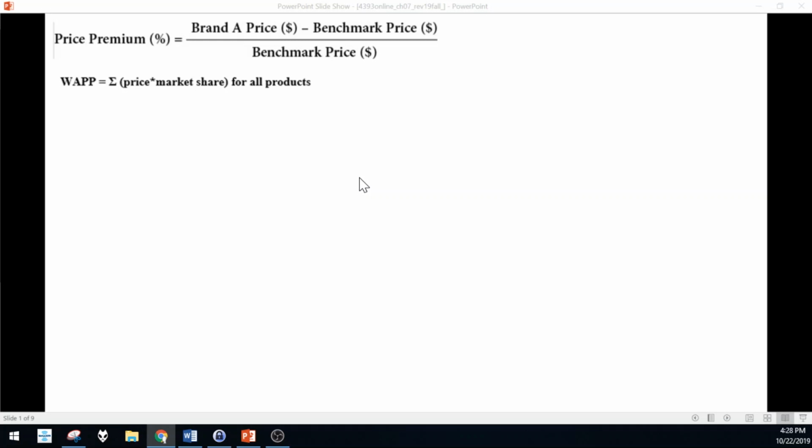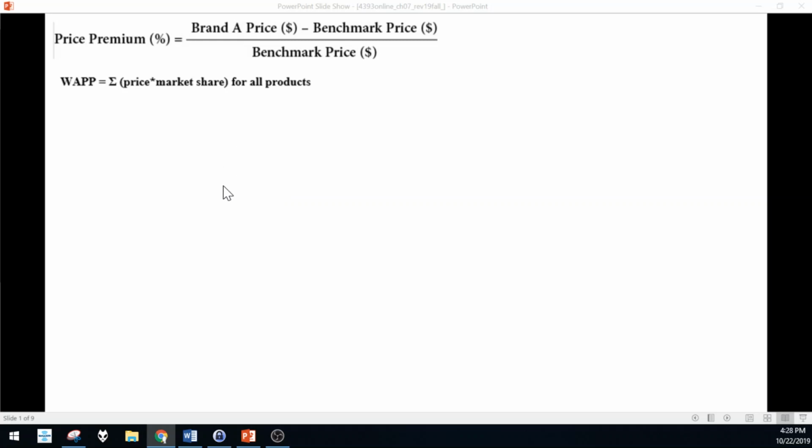It can be the competitor, for example, and you just do a percentage calculation to see what your price premium is as a percentage compared to whatever that benchmark is. And again, it can be a competitor, it can be an average of all competitors, it could be a weighted type deal. So let's do a quick example using this top formula here, price premium.